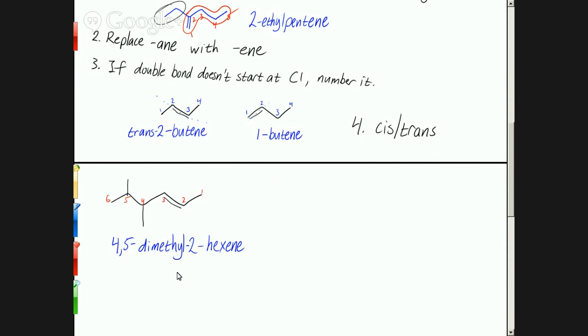Look at the double bond, and look at each carbon and the things coming off of it. Are those things coming off of it on the same side of that line or the opposite side of that line? The opposite. So what does that make this? Trans. Good.